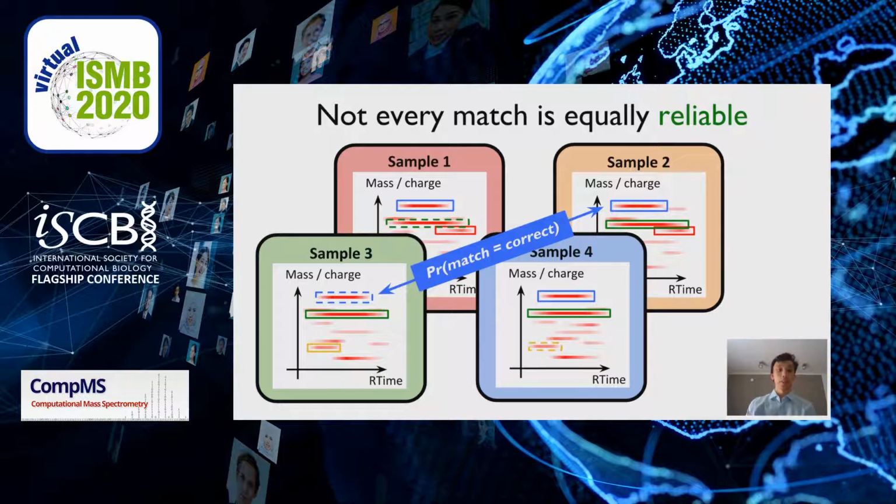And the interesting thing is that we don't just apply some kind of FDR threshold, but we actually keep the probabilities as they are. And this, of course, makes a lot of sense because some matches are much more likely to be correct, since we can see that, for example, the retention time barely differs, whereas other matches show a much larger retention time difference, and we might not want to trust these.